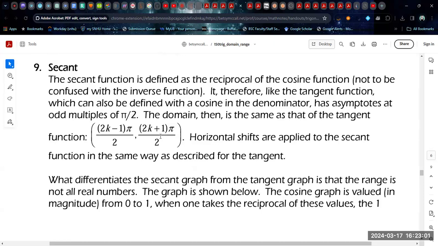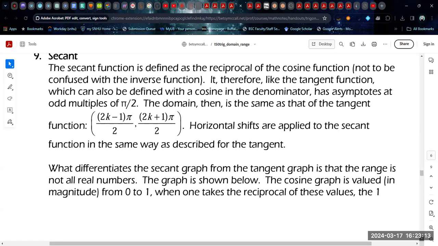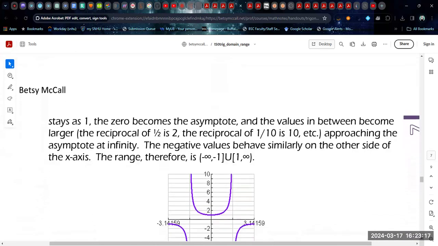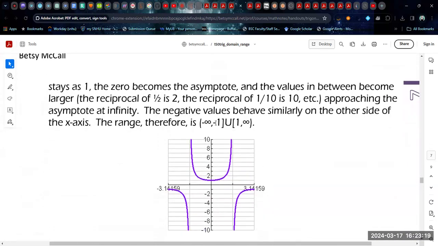Now secant is going to go to positive infinity, and it's going to go to negative infinity, but there is a gap between -1 and 1. So the range is not all real numbers. The range is going to be from negative infinity to -1, and then from 1 to infinity.